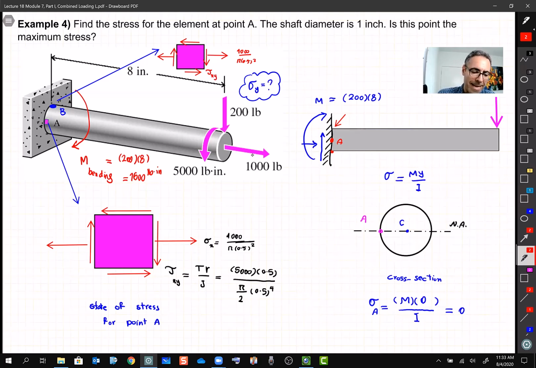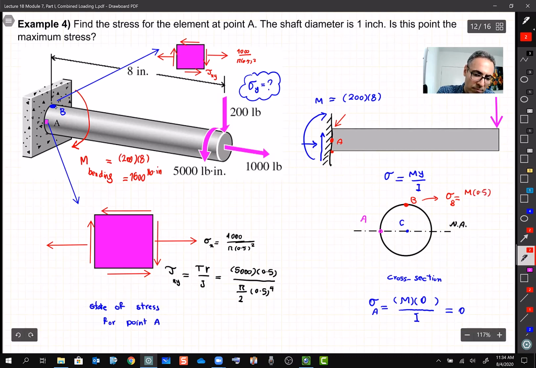All right. Now, here is an important part which I want you to pay attention to. These 200 create a stress at point B, which is a bending stress. And this point B is here at the top, right here. This is point B. And what is the stress at point B? Sigma at point B is M times the radius, whatever it is, ½ inch, divided by I. And it is positive, right? Remember, this is our y-axis.